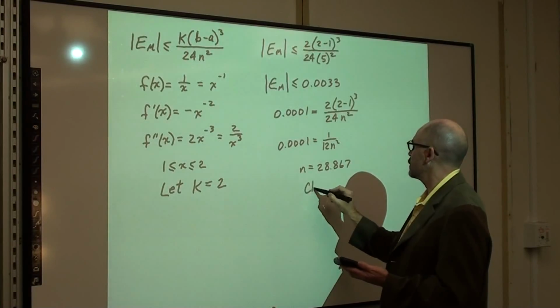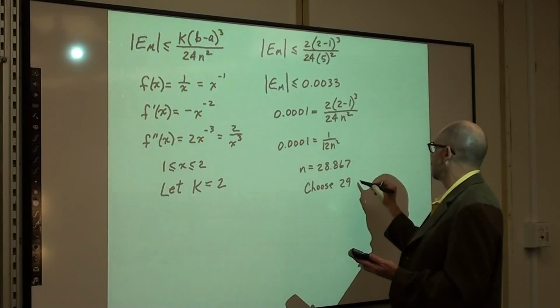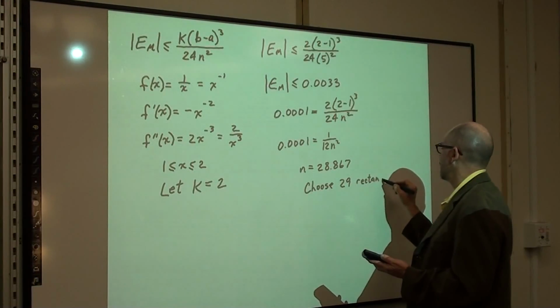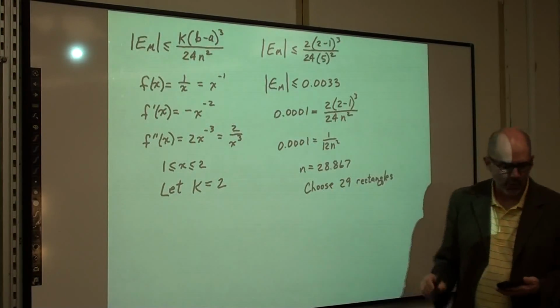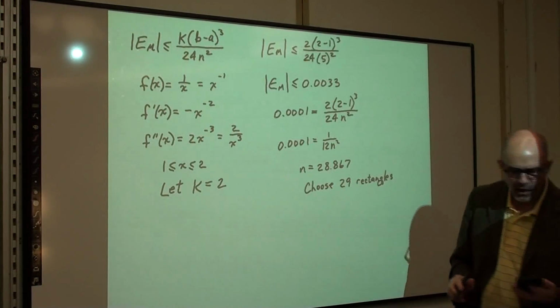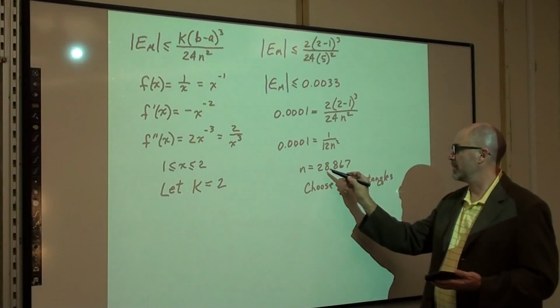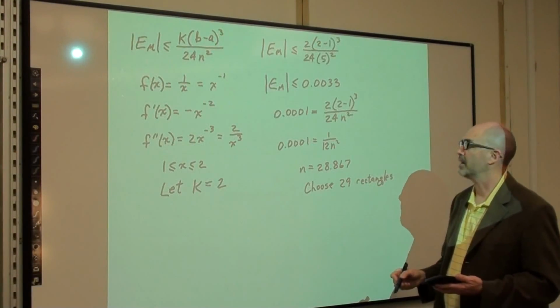So, we want to choose 29 rectangles to be guaranteed the accuracy 0.0001. Now, notice this rounds up, but like I said, if it turned out to be 28.001, you still have to make it 29.